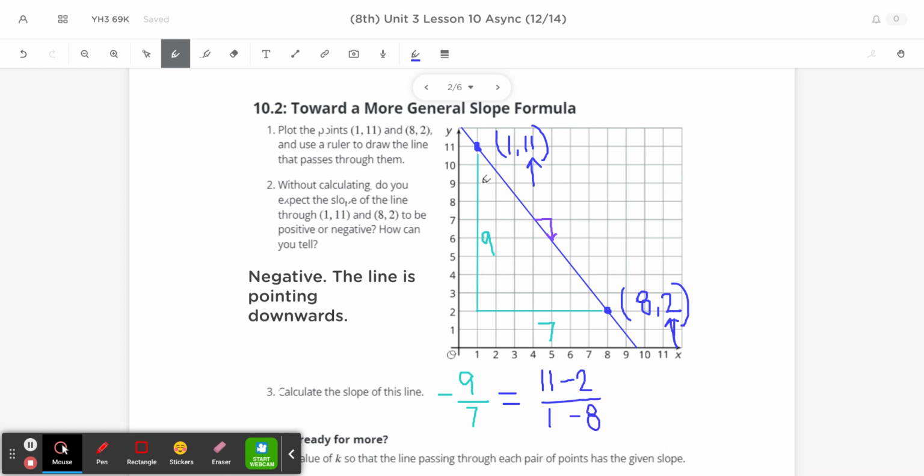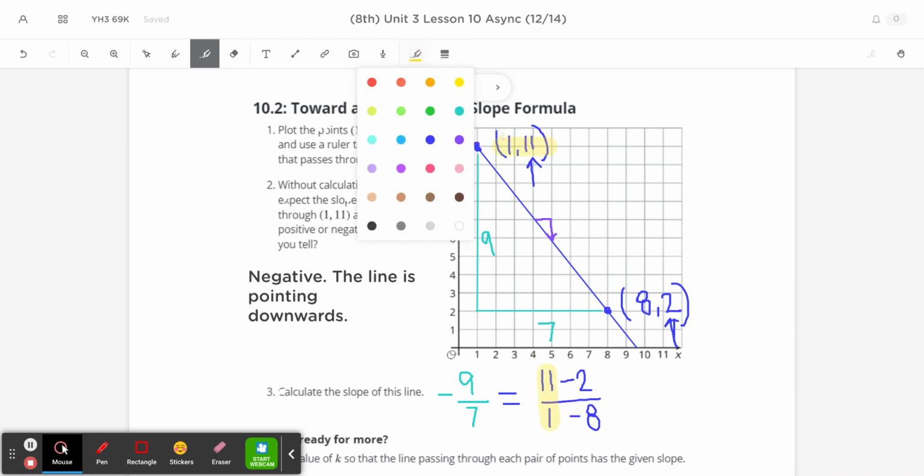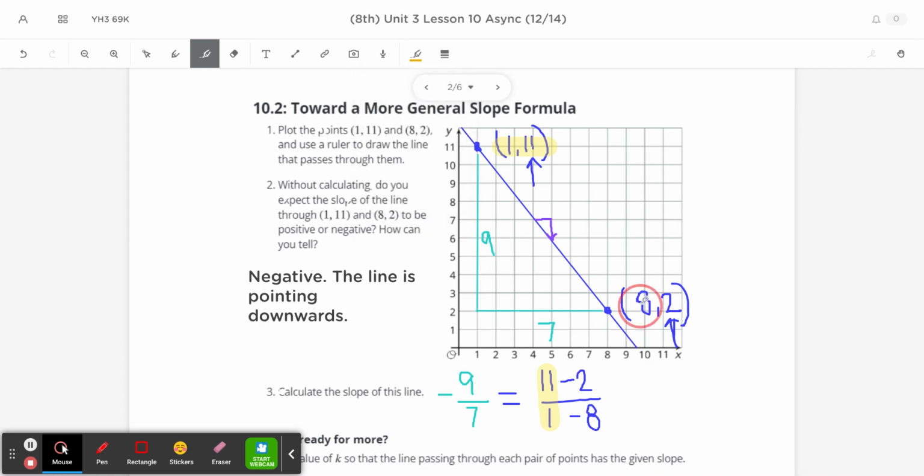Notice how I followed the order of the coordinate pairs. So you can see here that 1 and 11 are our first coordinates, and 8 and 2 are our second coordinates. Now I know that 11 minus 2 is 9, and 1 minus 8 is negative 7, and so I end up with negative 9 over 7.